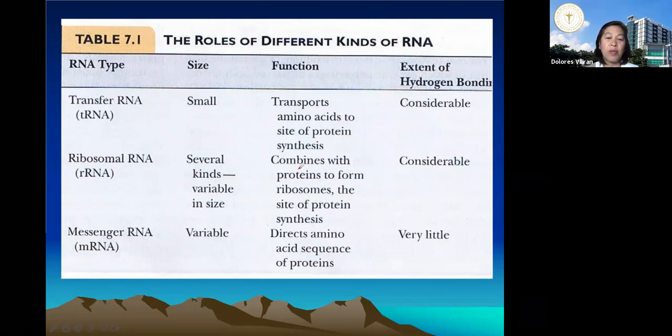It combines with proteins to form the ribosome, which is the site of protein synthesis. And messenger RNA or mRNA is variable because it depends on the composition of DNA. It directs the amino acid sequence. So if I ask you what is the template for protein translation, then your answer is mRNA.